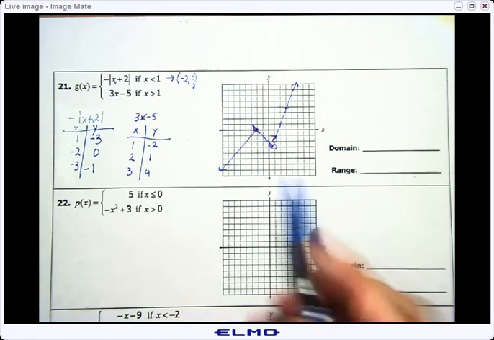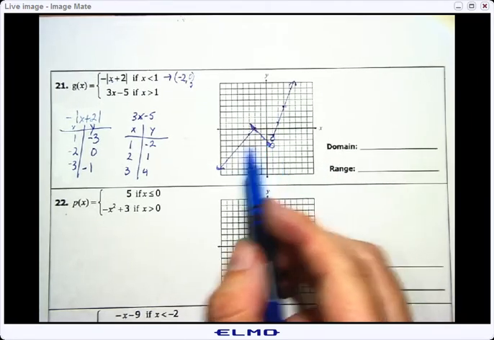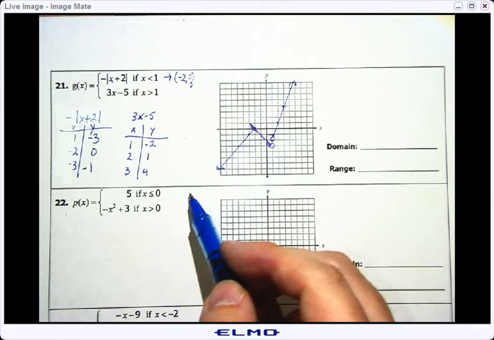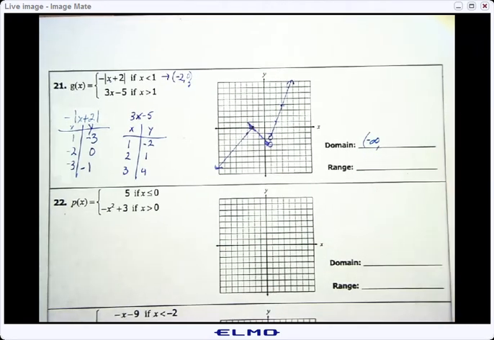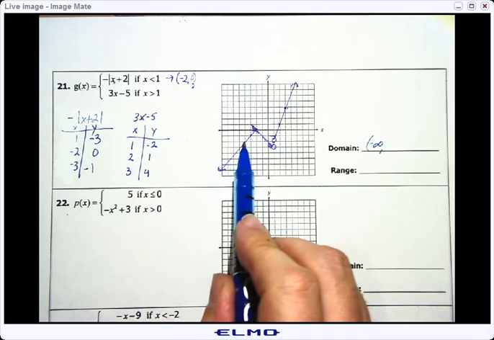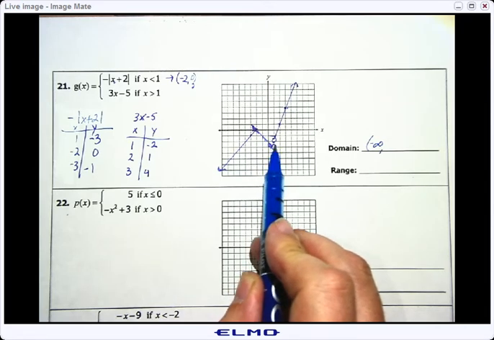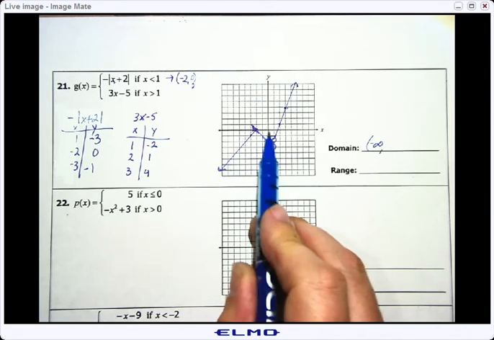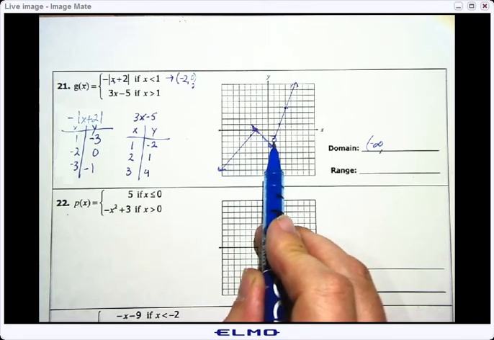Looking at the domain, the x's and the y's left and right. So as I go to the left, this is going to keep on going to the left. So I'm going towards -infinity. Coming back the other direction as I move across. So keep moving right, I'm okay. Moving right, I'm okay. And then here's a problem. That being an open circle means when x is 1, I do not have a point on the graph. And if I look at the next piece, I also do not have a point on the graph.